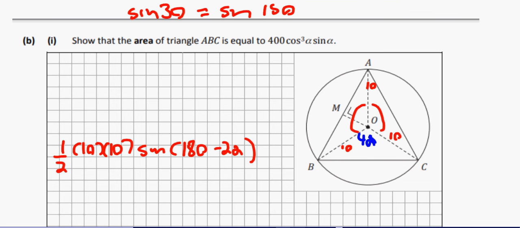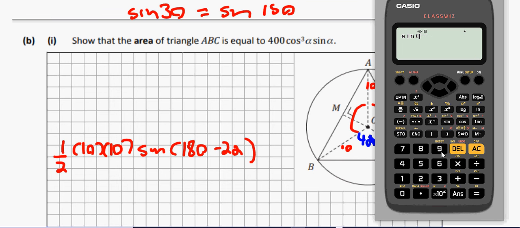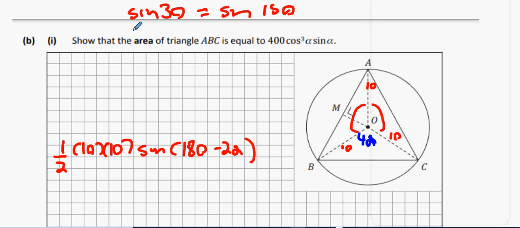So sine 30 is a half, sine 150 is also a half. Sine 10 is the same as sine 170. Once both angles add up to 180, they're equal to each other, right? So then for argument's sake, I could say that sine of 180 minus 2a is equal to sine 2a, because when I add both angles together, it's the same.